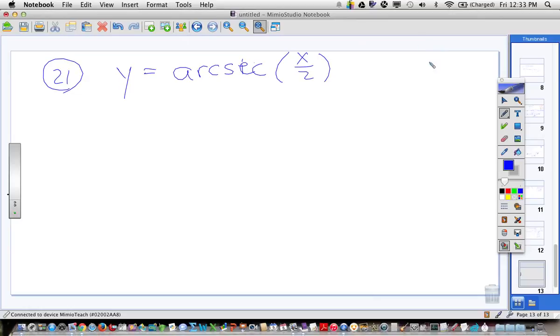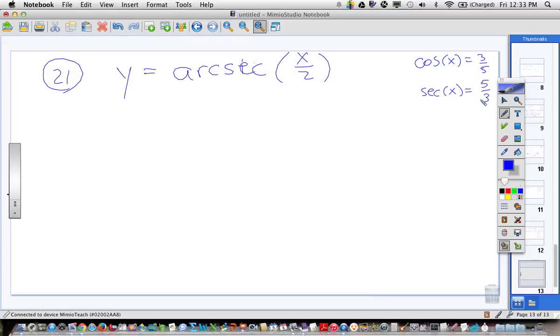Reciprocal. In other words, let's look at it this way. If I tell you that cosine x is equal to 3/5, that tells you that secant x is equal to 5/3, right? One of the things you learn is that cosine and secant are reciprocals. But what does that mean? It means their output values are reciprocals.